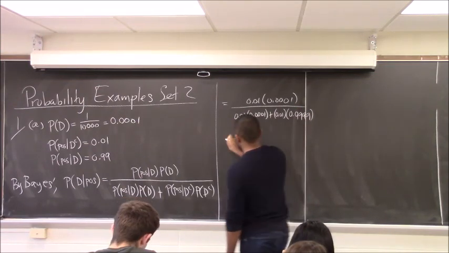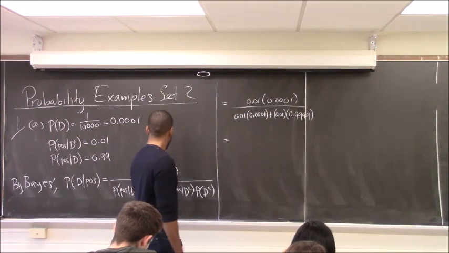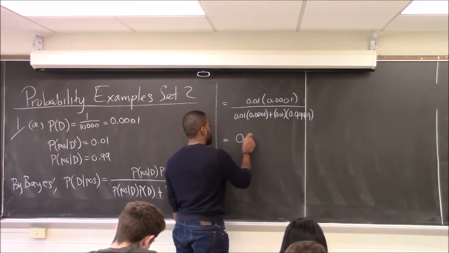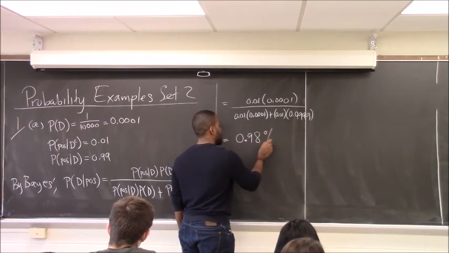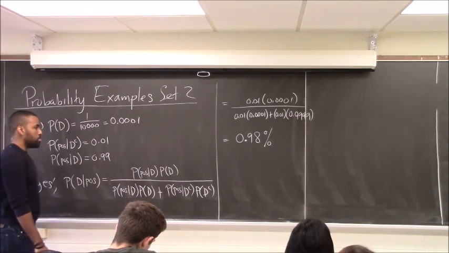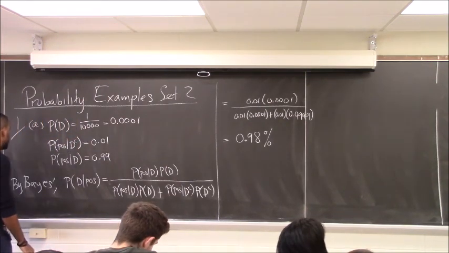It's 4 nines, right? And then we calculated that, and we got, what was it? 0.0098. Right, 0.98% chance, right? Which was about a 1% chance, which might seem surprising until you think about it.